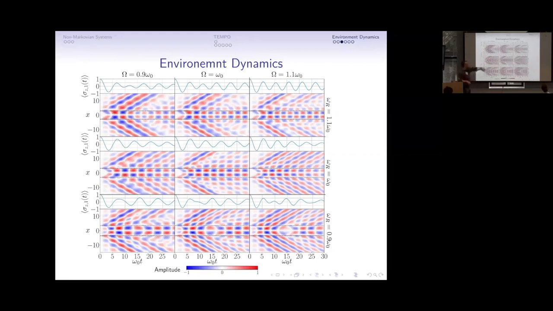What these color plots show is the collective environment degree of freedom, so basically the integral over all of these AK operators for the environment. And these dashed lines are the positions of my two quantum dots. We're using a one-dimensional environment because that's the thing which gives rise to the biggest change in the dynamics here.